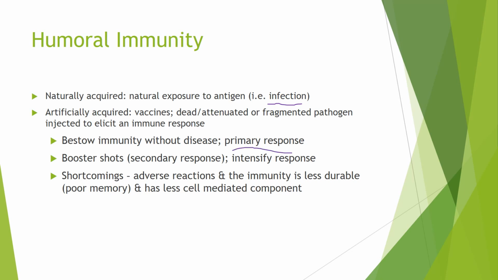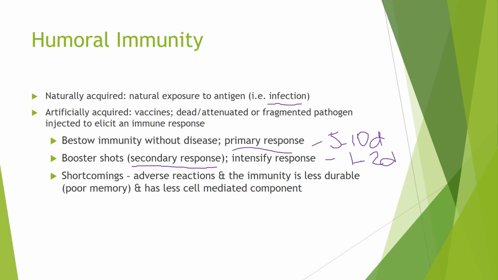This is the primary response, where the primary response takes about 5 to 10 days before measurable amounts of antibodies appear in the blood. A secondary response is a lot quicker, and might only take 1 to 2 days for the antibodies to appear in the blood.